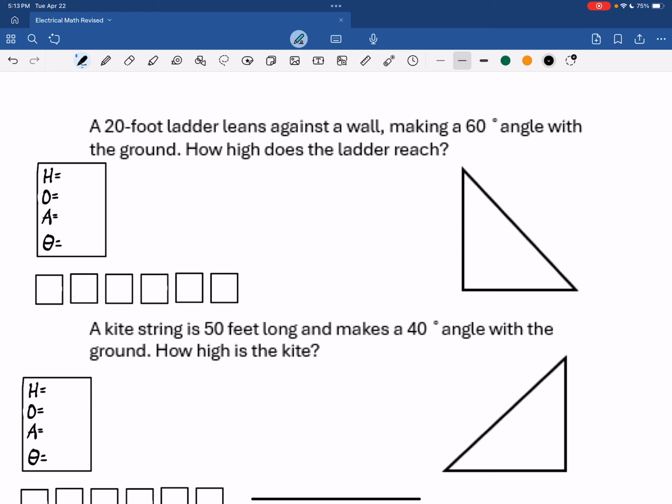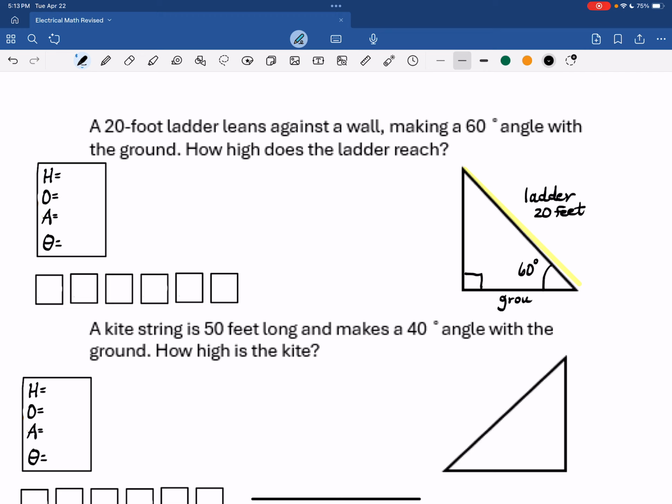All right, a 20-foot ladder leans against a wall. So here's my ladder. They tell me that it's 20 feet. And I also can tell that that's the hypotenuse because it's across from the right angle, making a 60-degree angle with the ground.